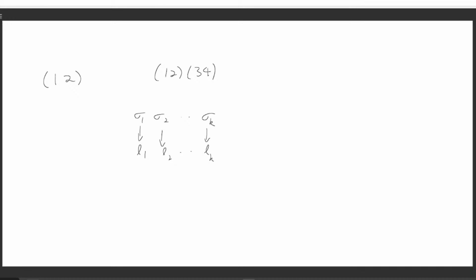Another element has cycles mu 1 up to mu k. First of all, it should have the same number of cycles, and under some reordering, they must have the same lengths. The multiset of lengths here is the same as the multiset of lengths there. If and only if this is true, they are conjugate in Sn.